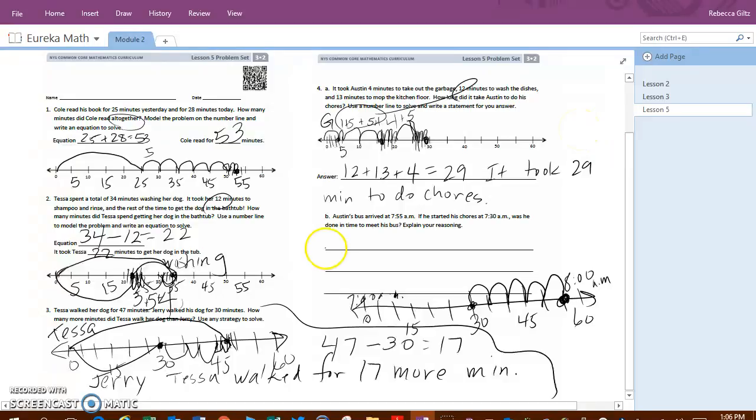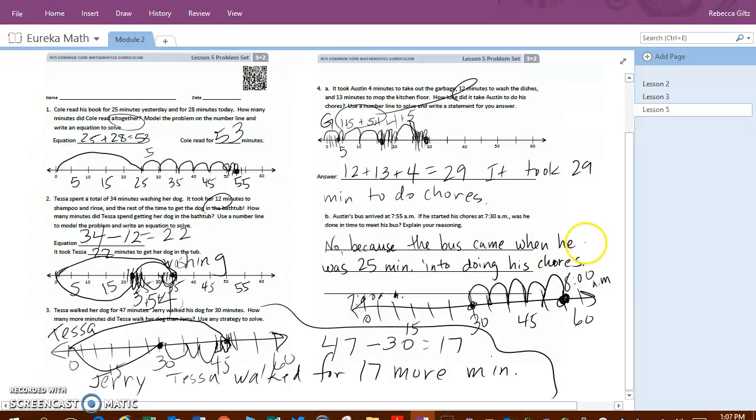We're going to say no, because the bus came when he was 25 minutes into doing his chores.